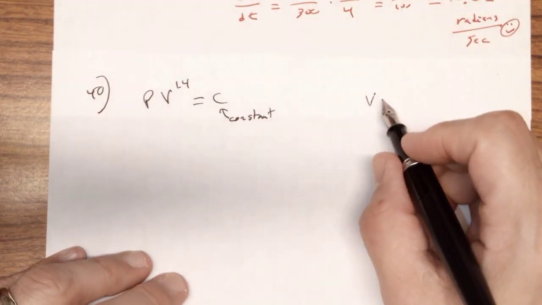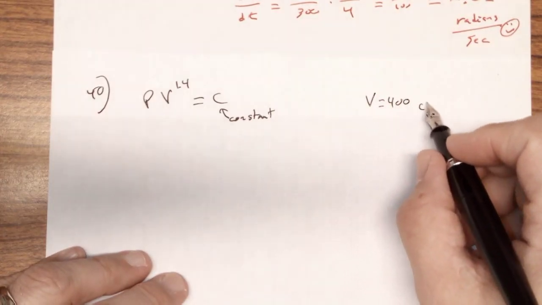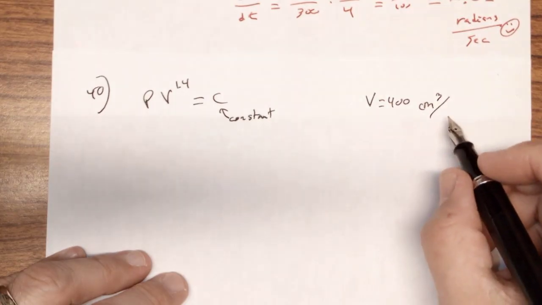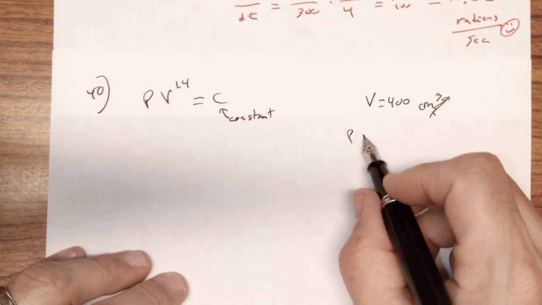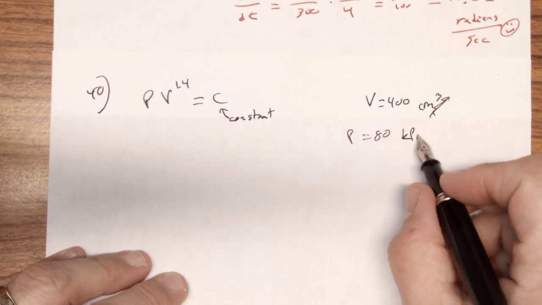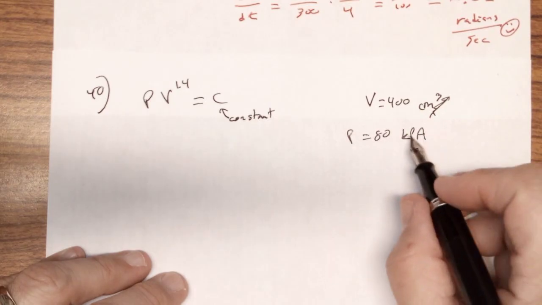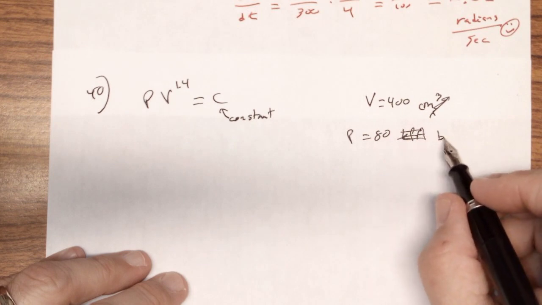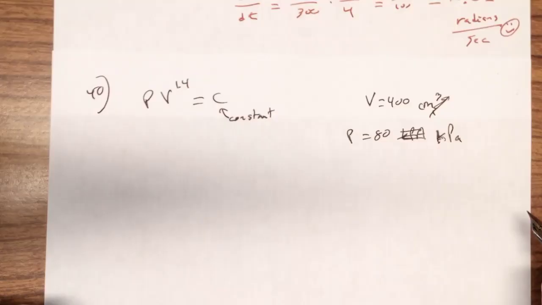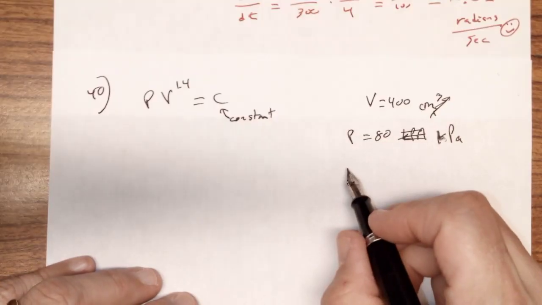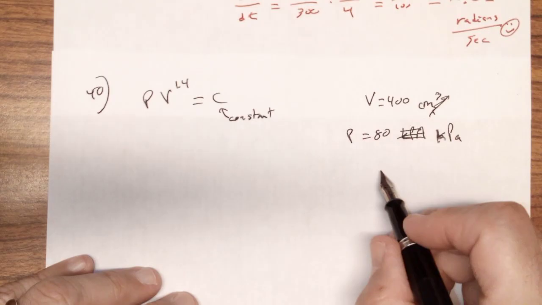Suppose the volume at a certain instant is 400 cubic centimeters and pressure is 80 kilopascals. Well, kilopascals has a lowercase a, kPa, and is decreasing at a rate of 10 kilopascals per minute.